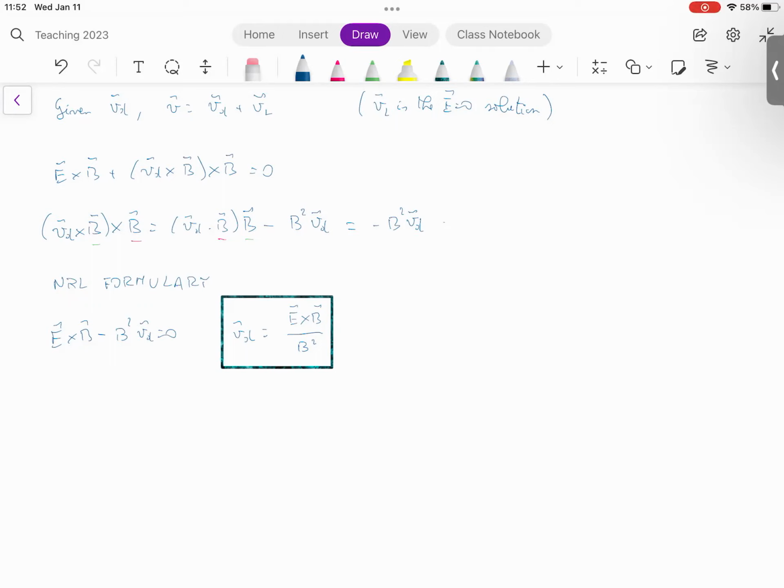So this velocity is identical for any charged particle that's in my system. The only thing I need is a charge, and then the particle will move with this drift velocity.